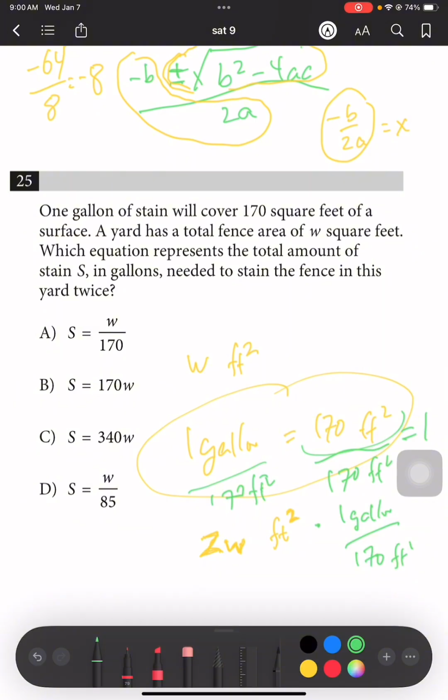Feet squared over feet squared is 1, so that goes away. Anything times 1 or divided by 1 would be the same. And now we're left with 2W times 1 gallon over 170. So 2W over 170, which is equal to W over 85.